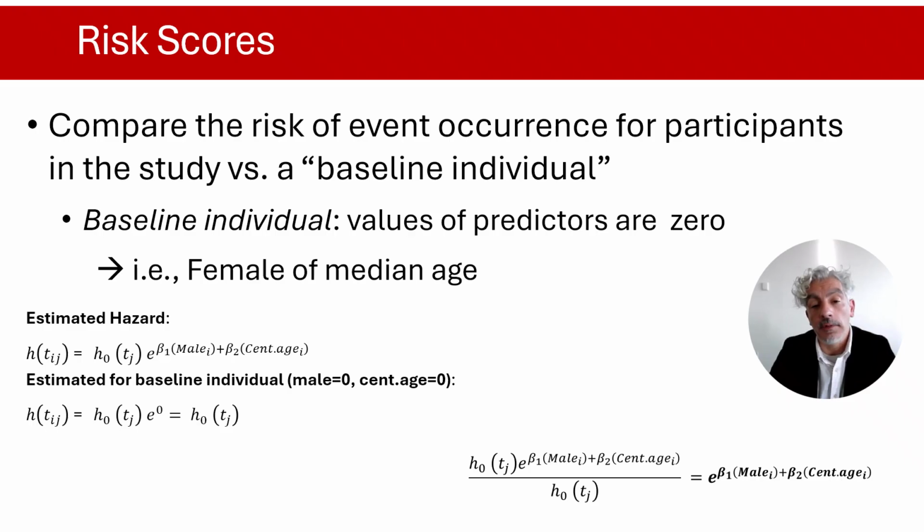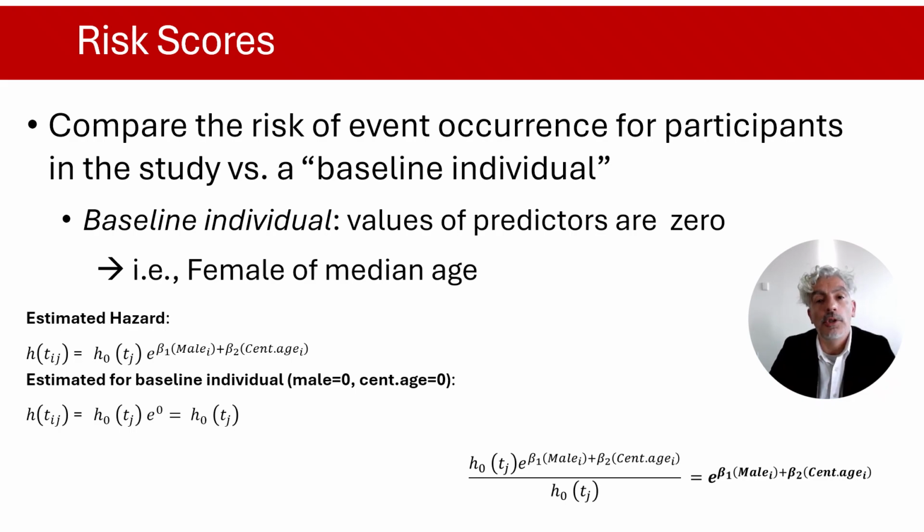For a baseline individual instead, since the predictors all have value 0, the estimated hazard function is just equal to the baseline hazard function. All the predictors are equal to 0, so the exponentiation of 0 is equal to 1, and therefore the risk score of a baseline participant is equal to the baseline hazard function.